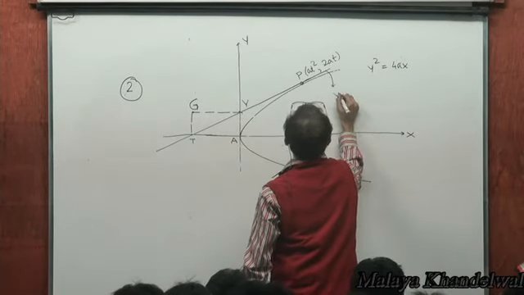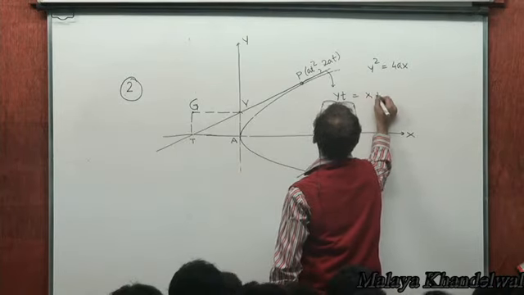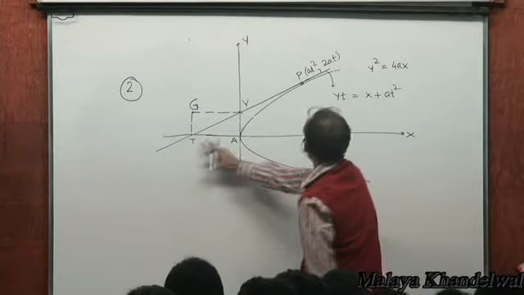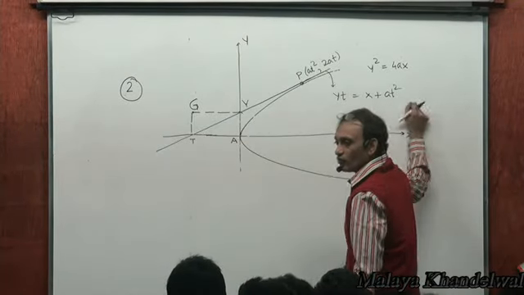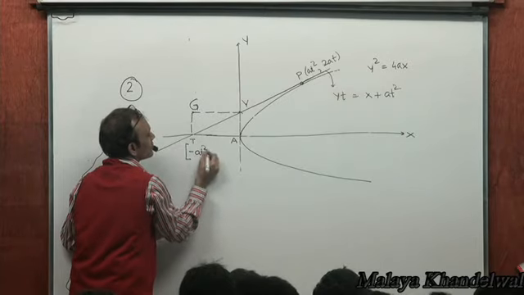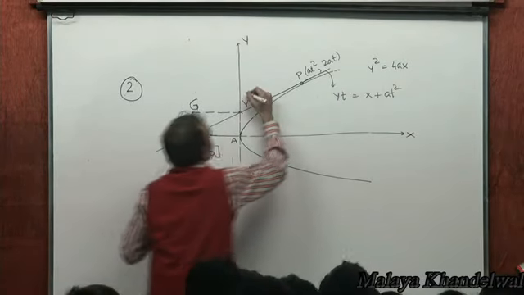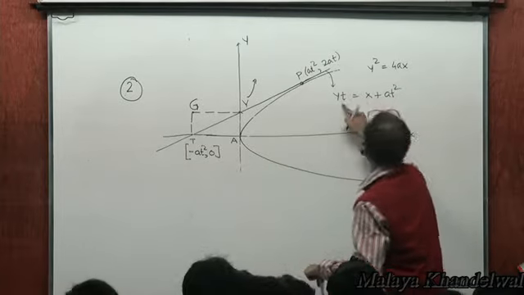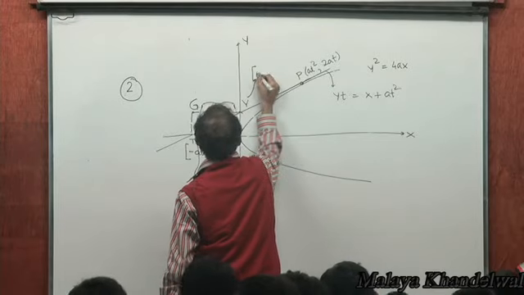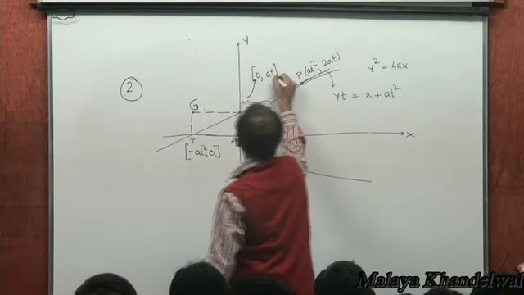So the equation of this tangent is yt equals x plus at squared. The position of T is obtained by plugging in y equal to 0. So the coordinates of T are minus at squared, comma 0. The coordinates of Y, if you plug in x equal to 0, you get y equal to at. So the coordinates of Y would be 0 comma at.